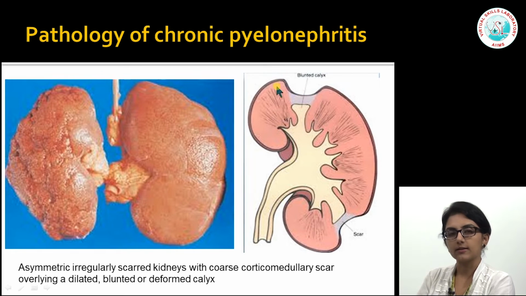So the scar is a deep scar which extends from the cortex to the medulla. Again, this is versus a chronic glomerulonephritis, where you expect much blunter, shallow scars which are limited to the cortex, where the glomeruli are, of course. The scars of chronic pyelonephritis will commonly overlie a dilated, blunted, or deformed calyx.